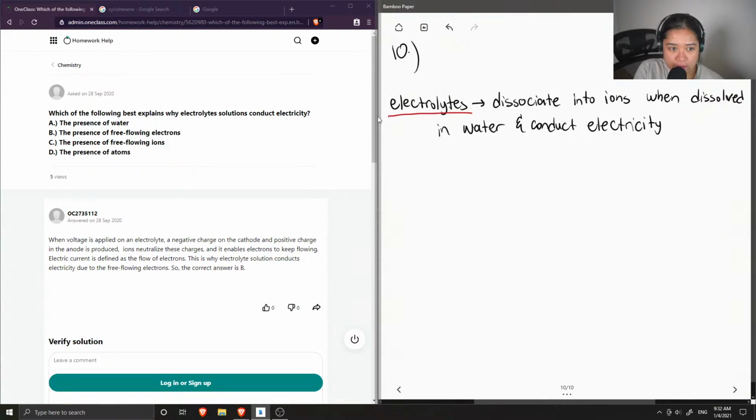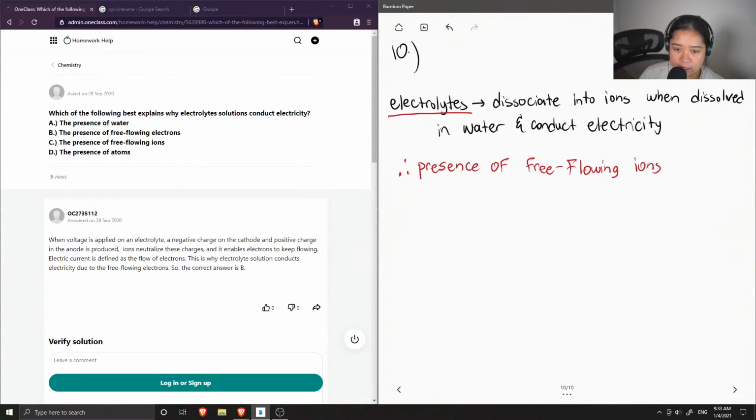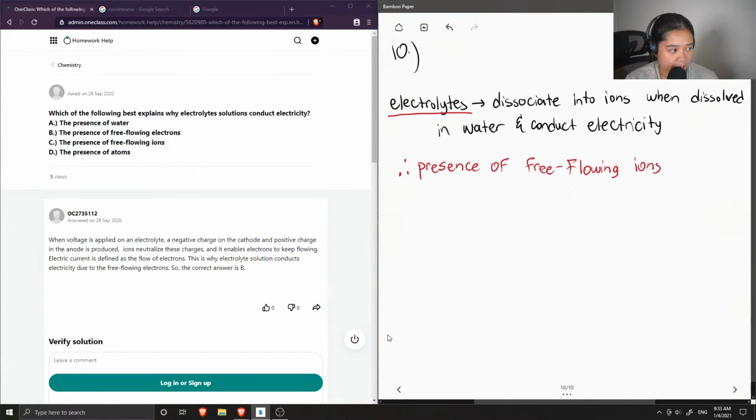So since we know the definition of electrolytes, we can just say that they conduct electricity due to the presence of free-flowing ions. So ions are just an atom that has a charge. So it can be negatively charged, an anion, or positively charged, which is a cation.